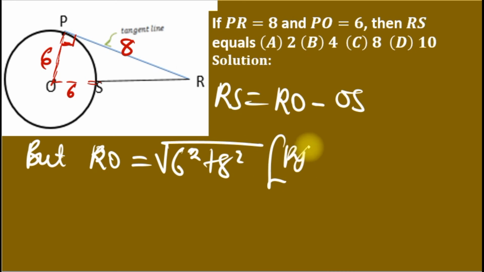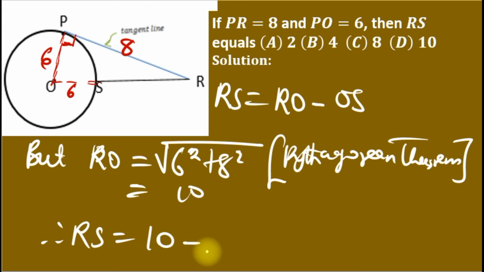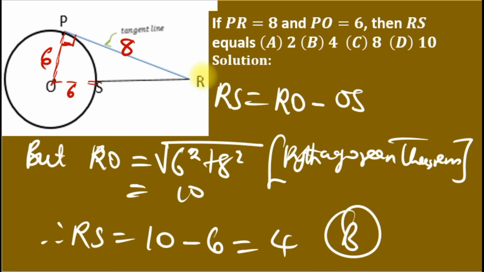That's from the Pythagorean theorem. So we have that it is 10. So our answer is now, therefore RS is RO, which is 10, minus OS, which is 6. Our answer is option B.